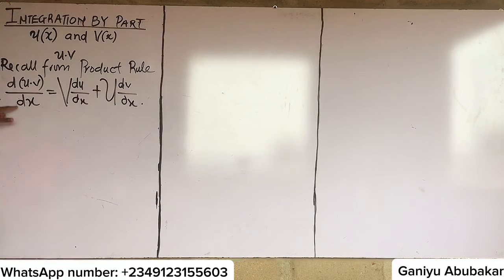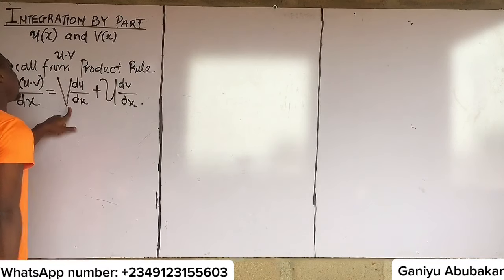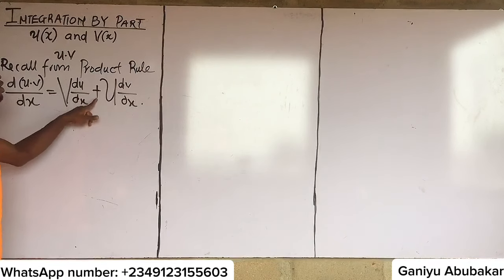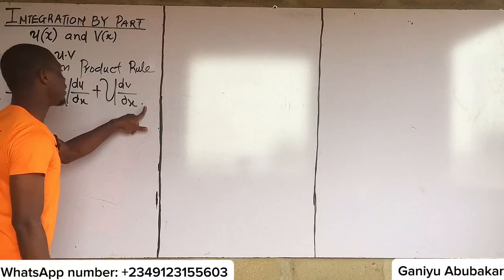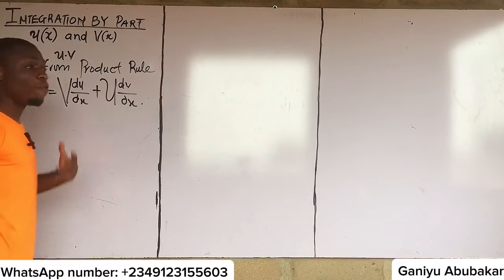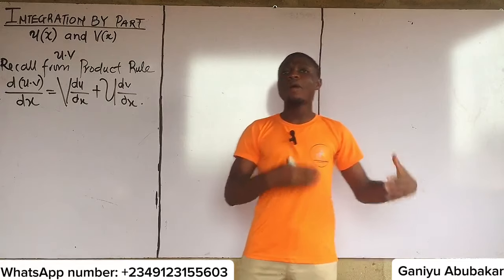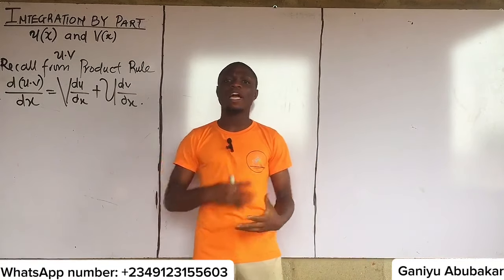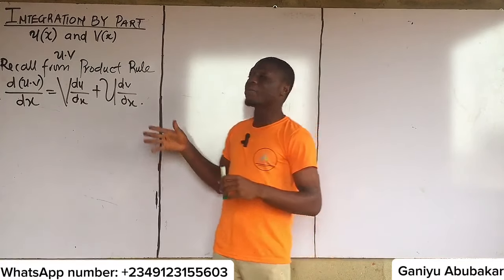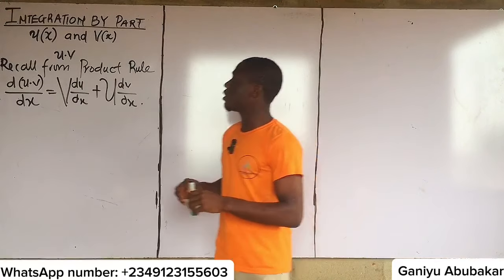I'm having the derivative with respect to x of these two functions multiplying to be equal to v du over dx plus u dv over dx. I'm trying to derive the formula for solving integration by parts. There's a formula used in our solving, which I'm going to derive here now.